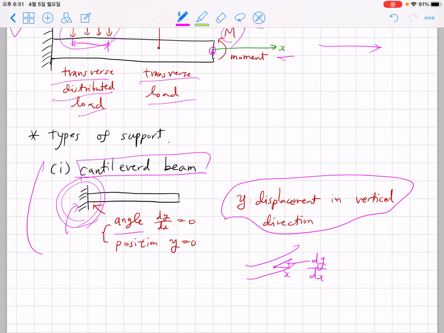This is x and this is y. Then this angle stays exactly 0 at this boundary, and the position y also stays 0. So no displacement in the vertical direction. That's what the cantilevered beam visualization means.